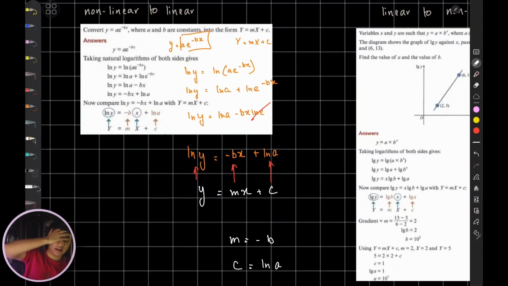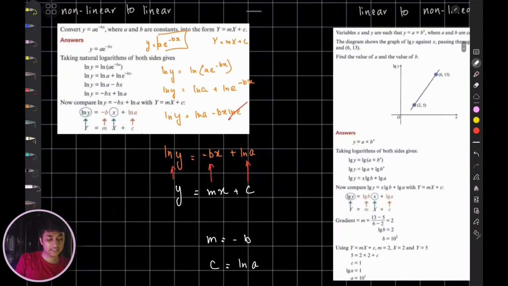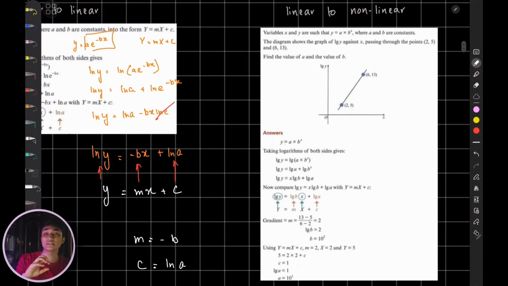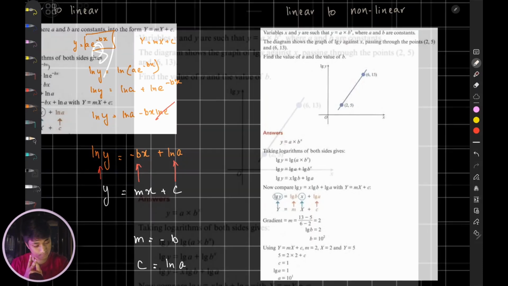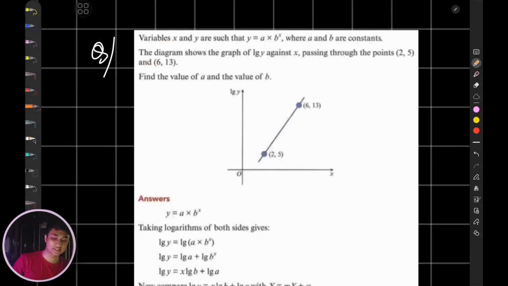Now, I should be able to apply this logic to different sums where they will often give you data points to correlate and get back to the initial linear or non-linear equation. So let's now use the same concept to solve a similar sum.